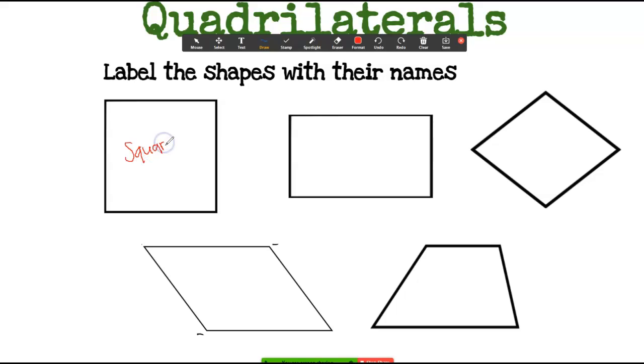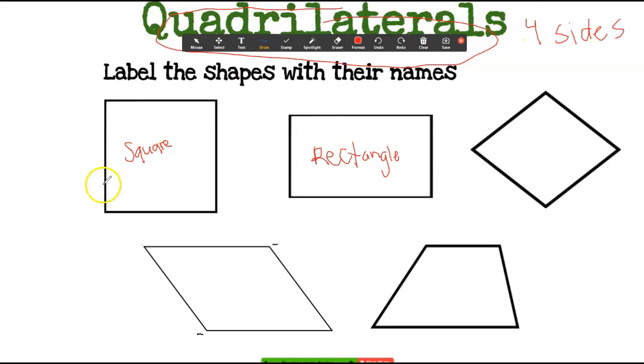Remember that. Whenever you see the word square, that means all of the sides are even. We have a rectangle. Now, the word quadrilateral, up here, means four sides. So all of these shapes we're talking about today have four sides.